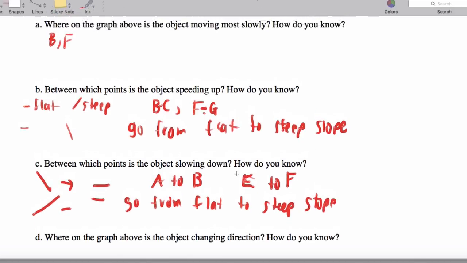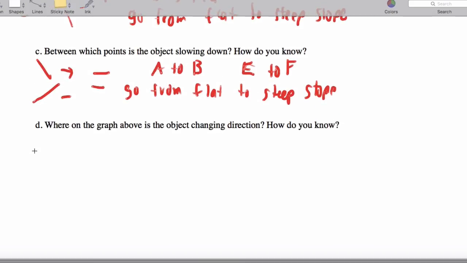Now, where are we changing direction? What does it mean to change direction? This is positive slope, and this is negative slope, and that's the algebra that we need to know. Now, what this means in real life is this is going forwards, and this is going backwards. So we need a place where we see us going from forwards to backwards.